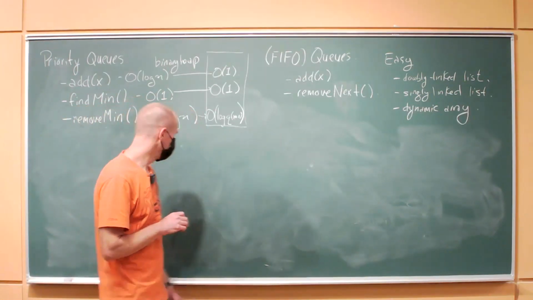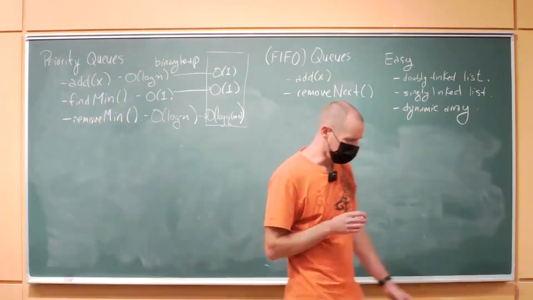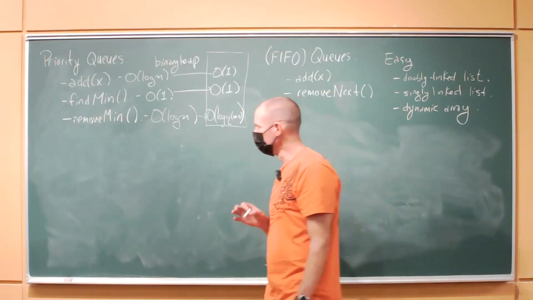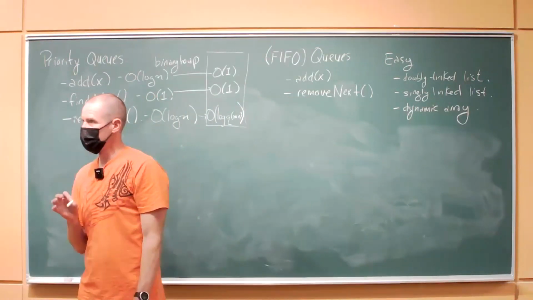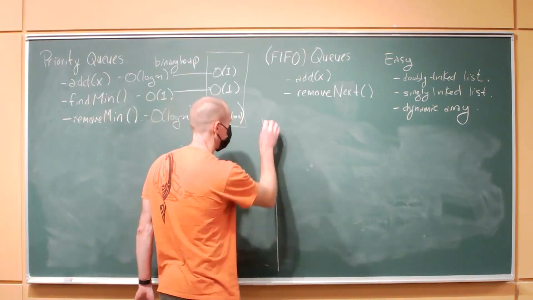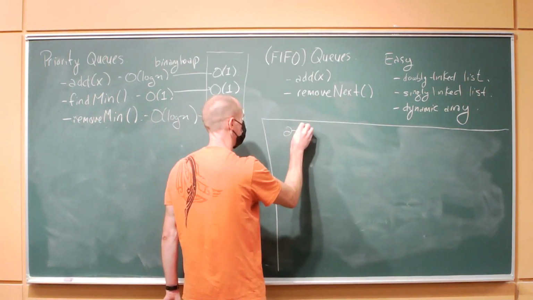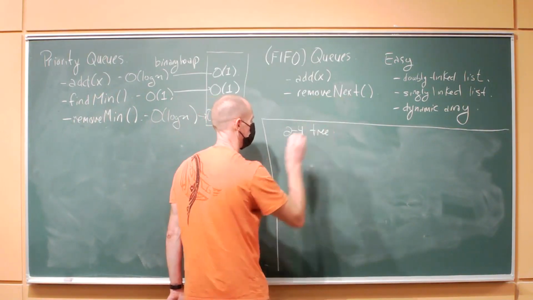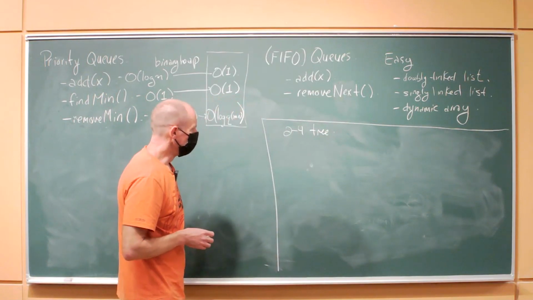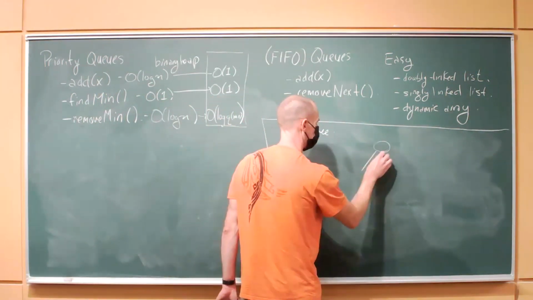Okay, so we're going to have to do something, and it's going to be different than what we've seen. So we're going to need a couple of tricks. One of them, if you've taken data structures with me, you've seen before, and it's called the 2-4 tree. And don't worry, it's a really easy thing.